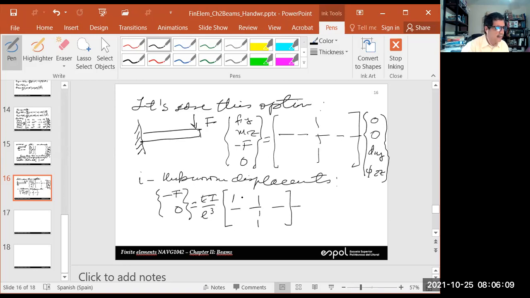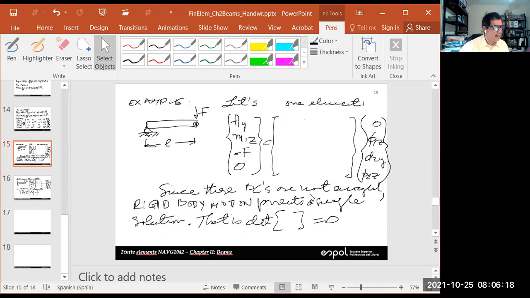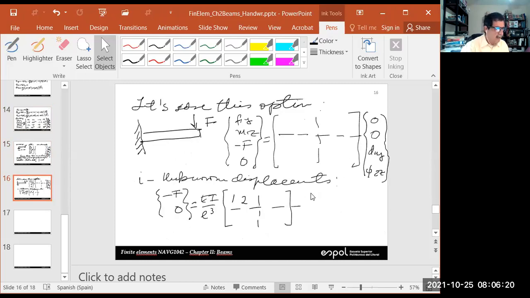It's 12, minus 6L, and 4L squared. This multiplied by D2y and phi 2z.